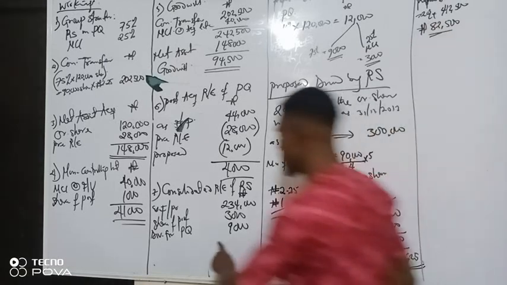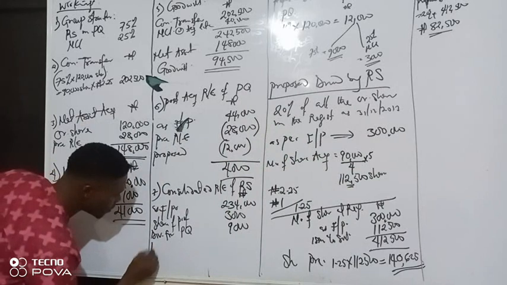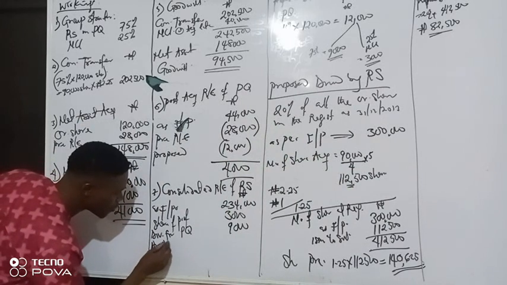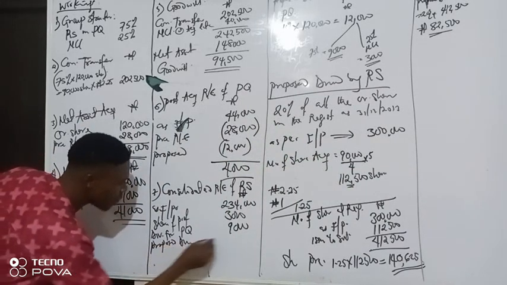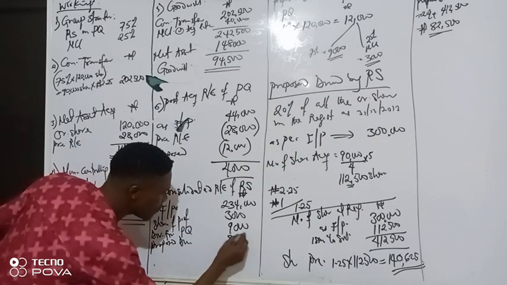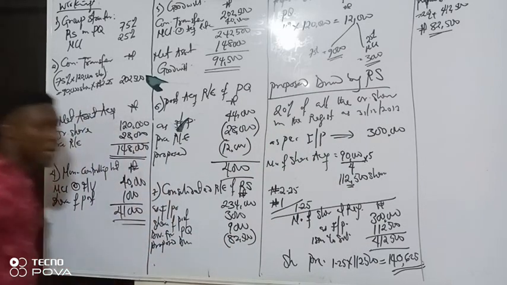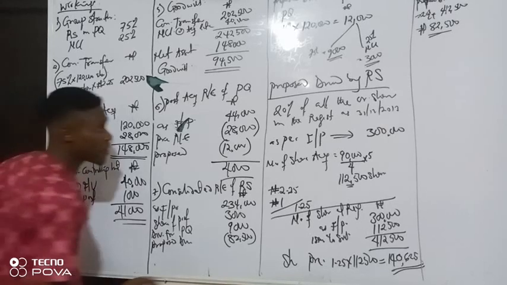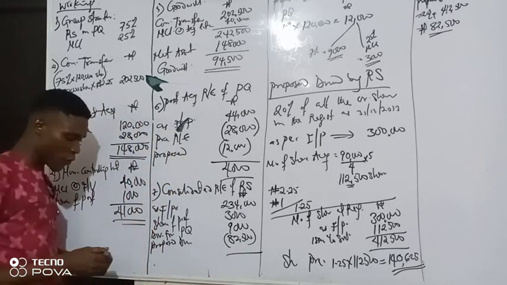So we now come back to this case: the proposed dividend will be 82,500, and you subtract it. That's all for the adjustment for the parent.